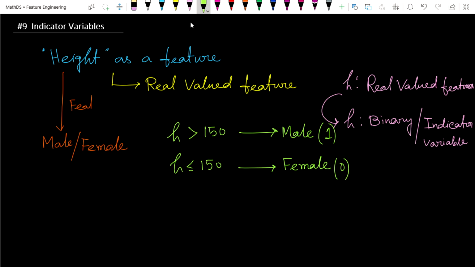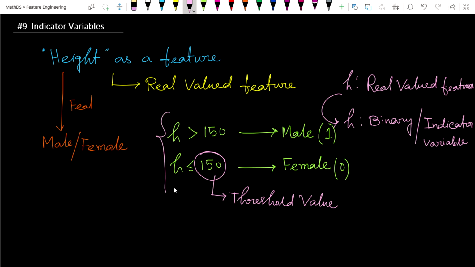Here the value 150 is called the threshold value, and it is based on domain knowledge and the specific problem. I am just doing this as an example.